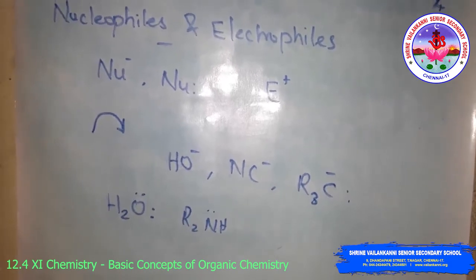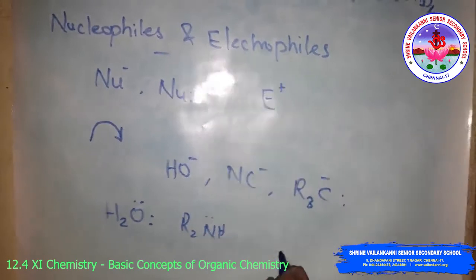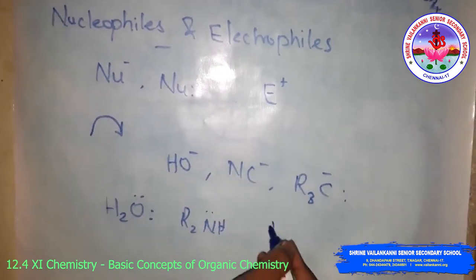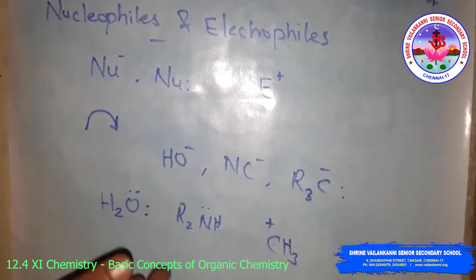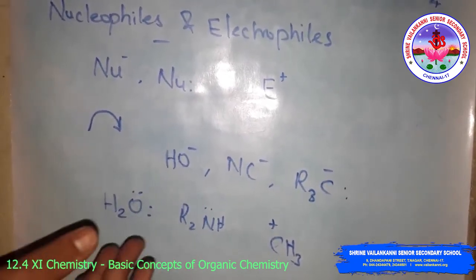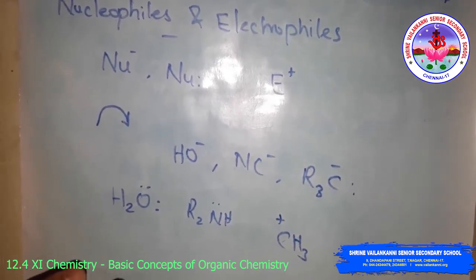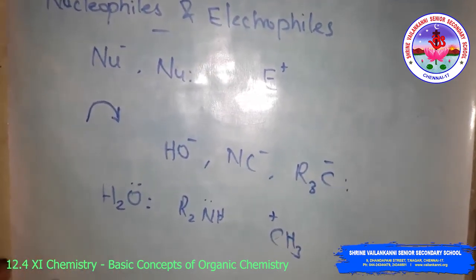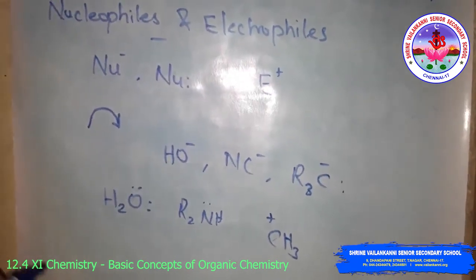Then the electrophiles include carbocations. We have already seen CH3 methyl carbocation, ethyl carbocation, like this. Then neutral molecules having a functional group like a carbonyl group or the alkyl halide group. The carbon atom in a carbocation has a sextet configuration, hence it is electron deficient and can receive a pair of electrons from the nucleophile.